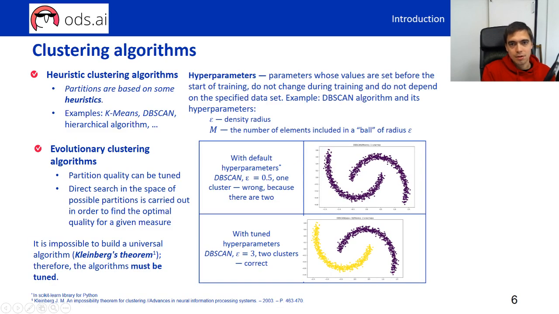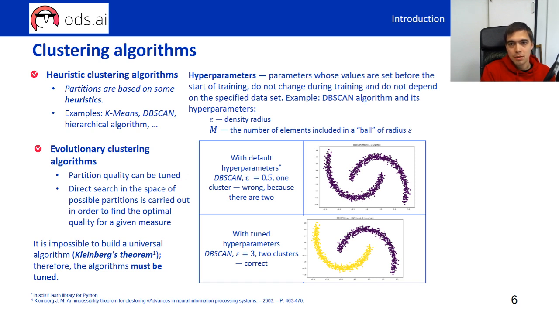So let's consider the classification of clustering algorithms. The first type is heuristic algorithms that build partitions based on some immutable heuristic. For example, these are k-means, DBSCAN, hierarchical algorithms, and many others.